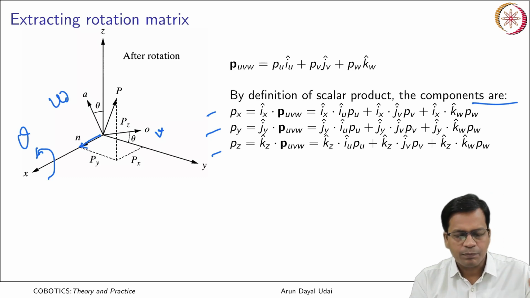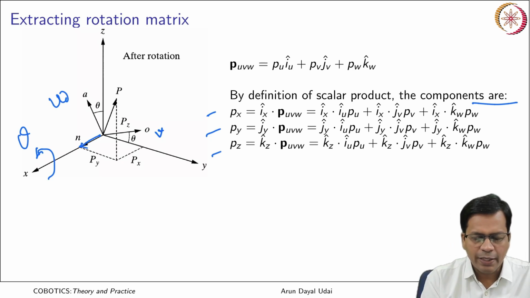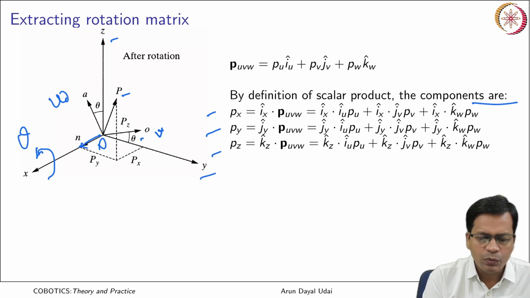This time O and A are the vectors making some angle with the initial y and z axes. Again this position vector OP will have projections along x, y and z after rotation, and those will be given by the projection of PUVW along x.